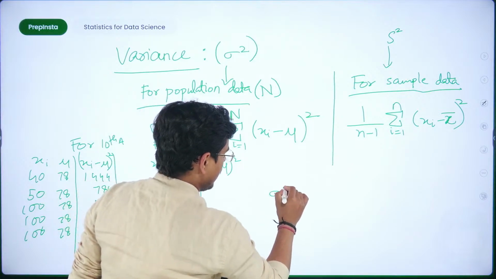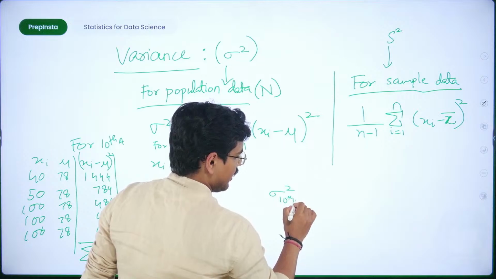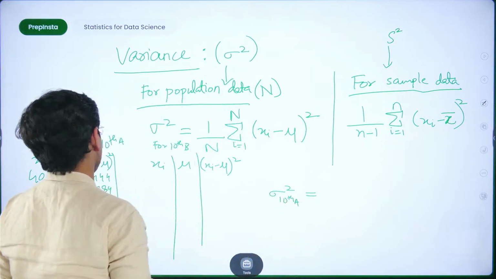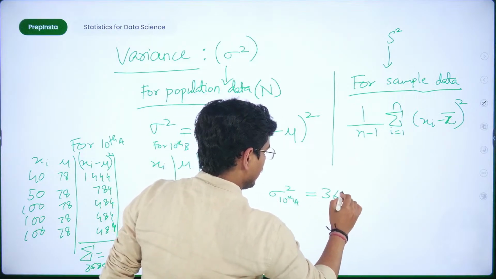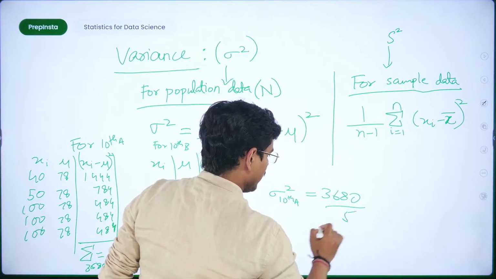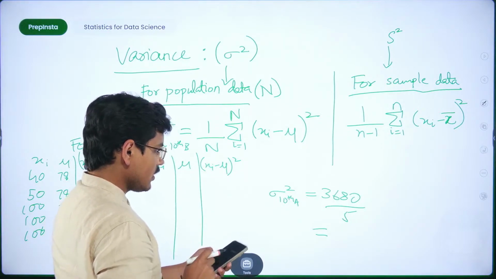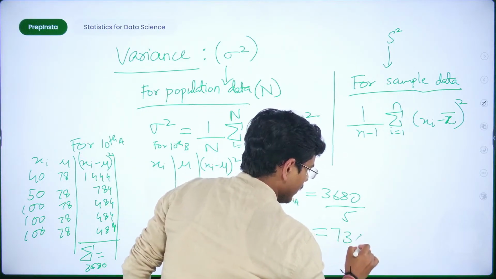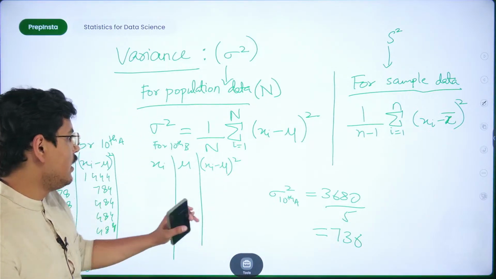So sigma square for 10th A, I am writing it here. Variance basically for 10th A is 3680 upon 5, which is 736, right? This is the variance that you are getting.